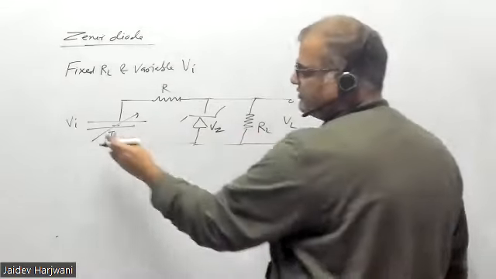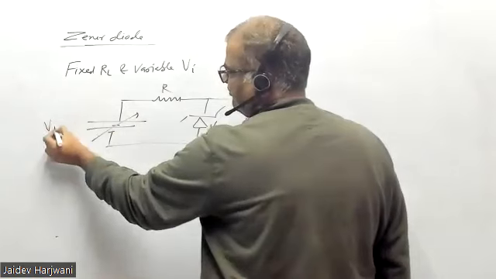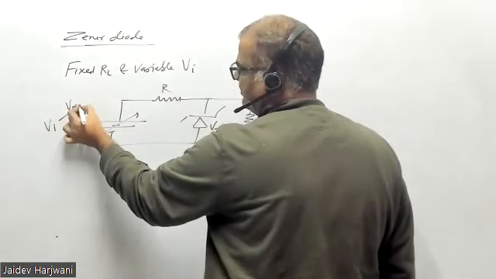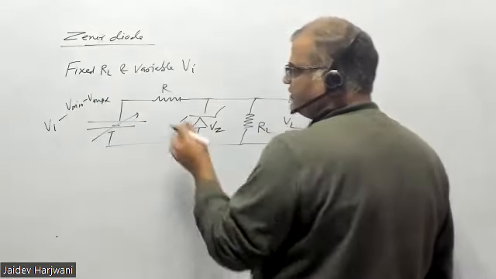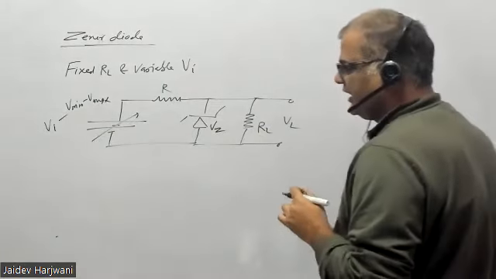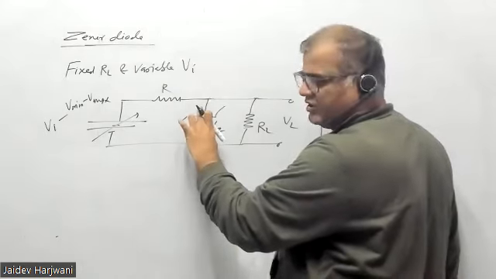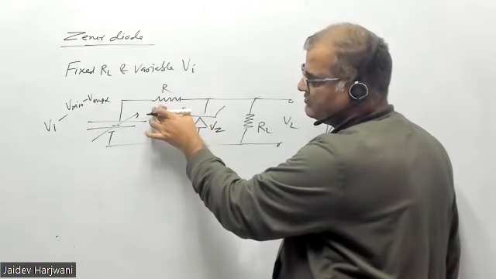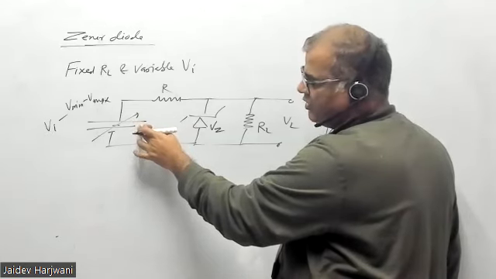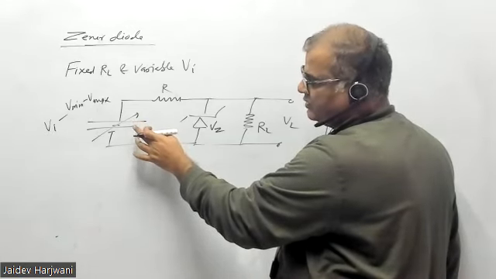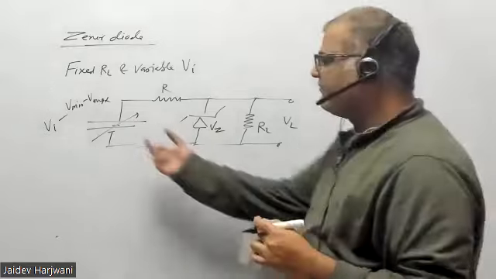So this also should have some minimum and maximum value, V input, V minimum, V max. Because this is fixed, if it is on, this voltage is fixed. If I want to make this zener on, there should be a certain minimum value.